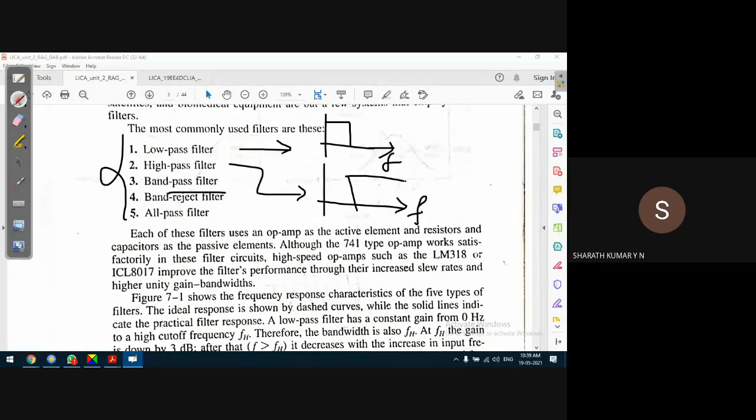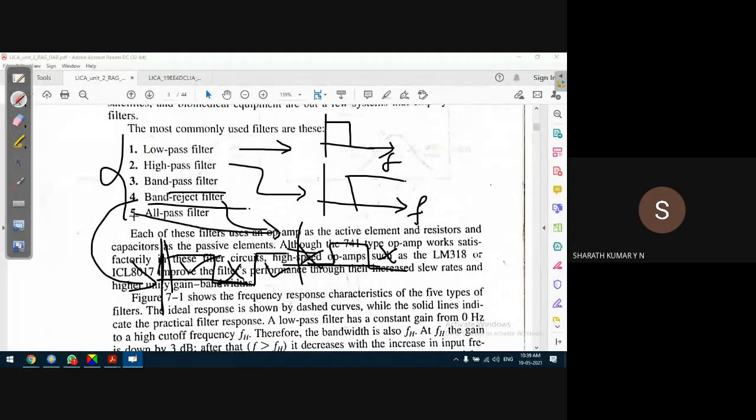A band pass filter will pass only a range of frequencies and block the other frequency ranges. A band reject filter will reject only part of the frequency range, and it will allow other frequency signals.